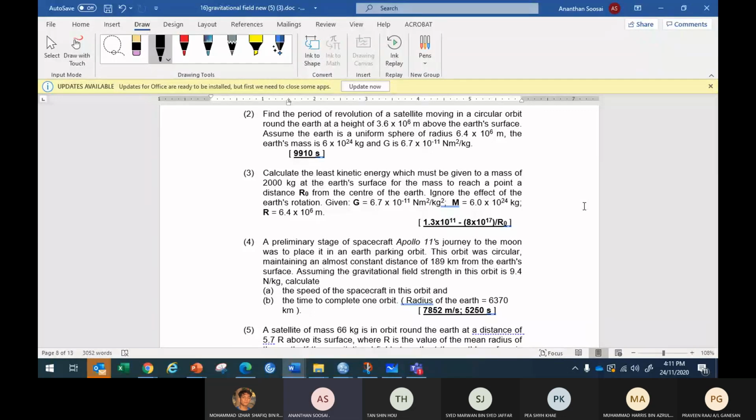Get the answer. You should get the answer inside the bracket. Try to figure out.